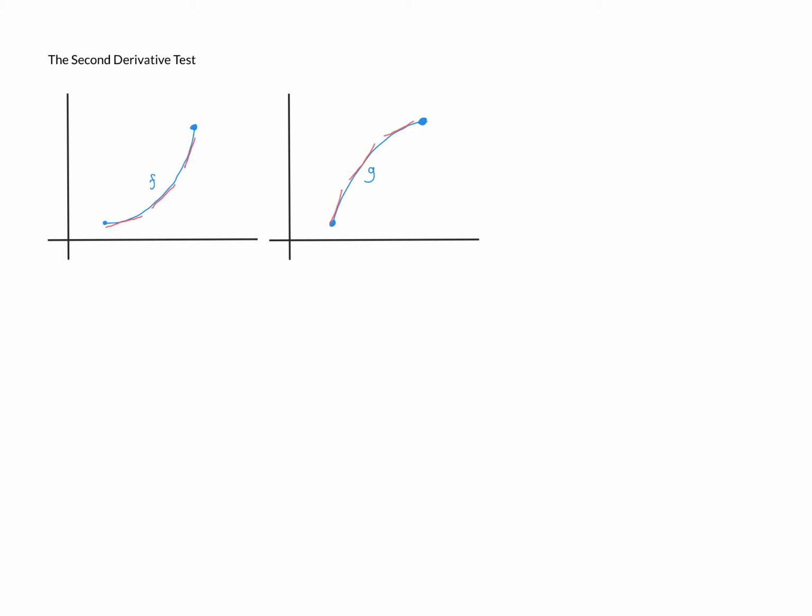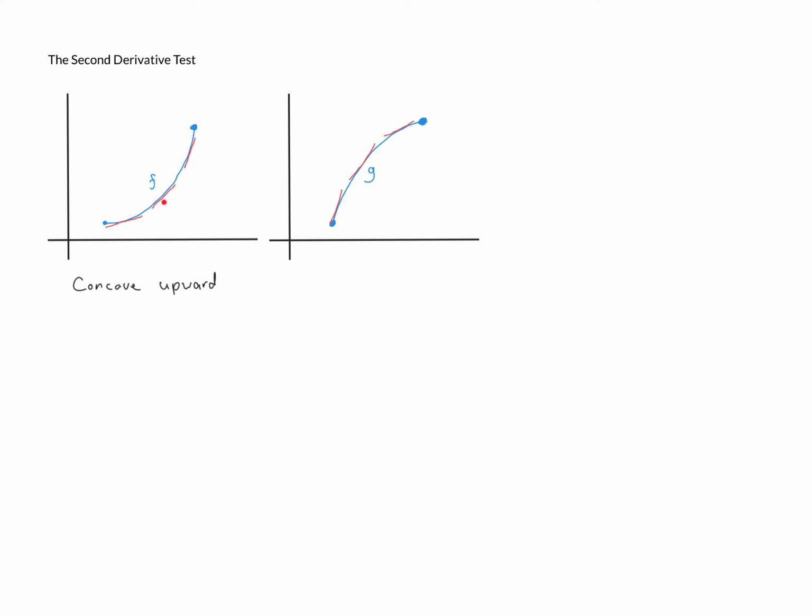So that is another way that we can describe the difference between these two curves. And we have terminology for both of these situations. If a graph lies above all of its tangent lines on an interval, like we see in this first one, then we call this concave upward.